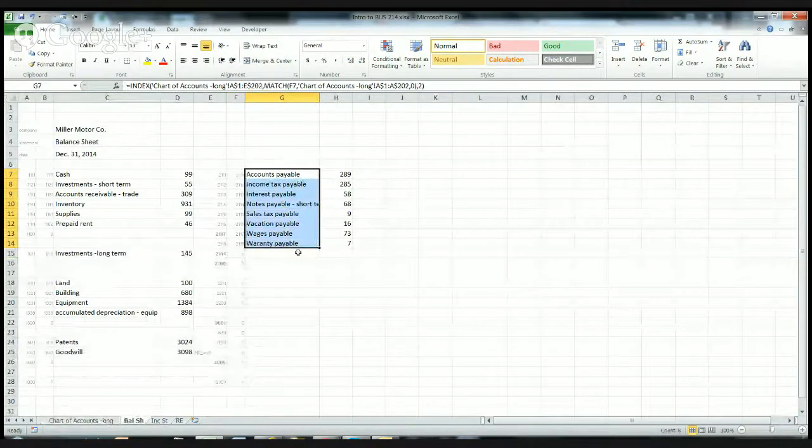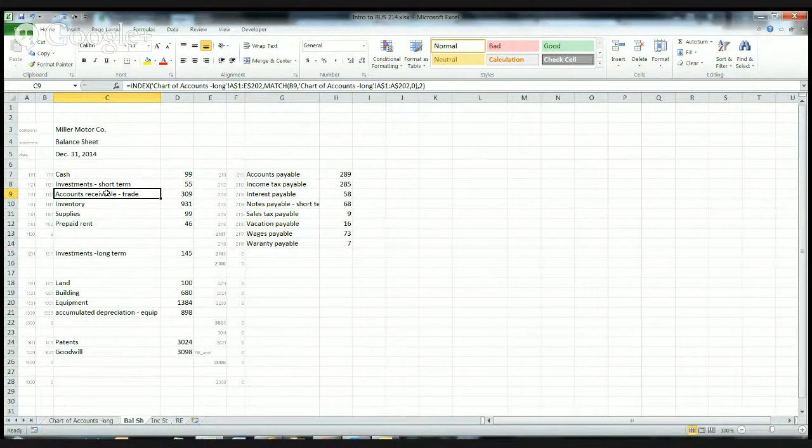What's a liability? I've got to give something up in the future. A payable means I'm going to give up cash. So payables are liabilities. Receivables are assets. If we're going to receive something, that's an asset, a future benefit. If it's a payable, it's a future sacrifice.